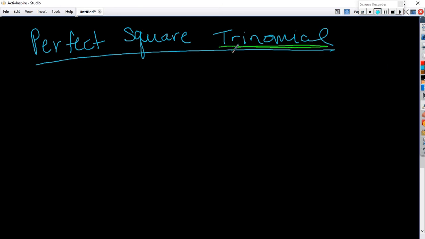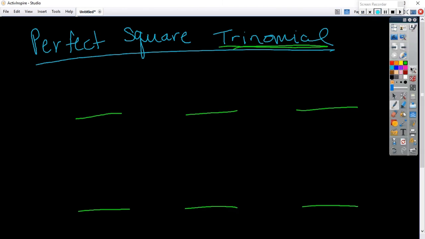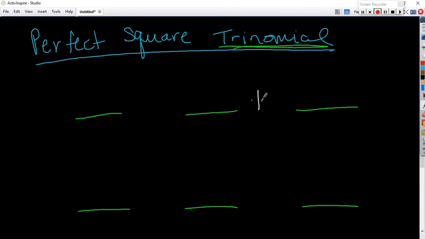Now, first of all, trinomial we know means what? 3 pieces. So 3 terms, right? So 1, 2, and 3. And I'm going to set up 2 of these because it can go either way. All right, criteria number 1 is that the second sign must always be a plus. And I'm going to even put a 1.